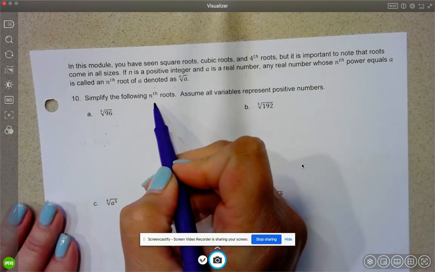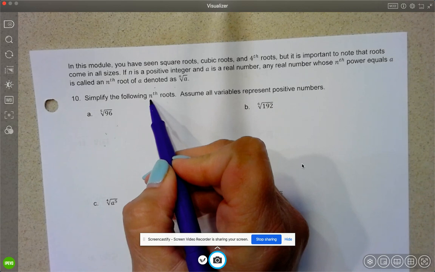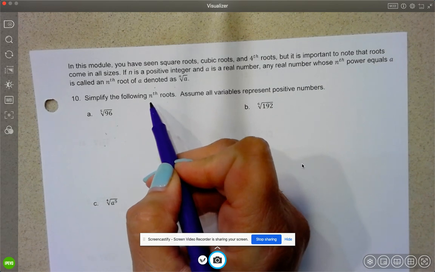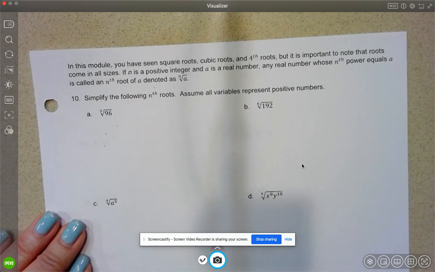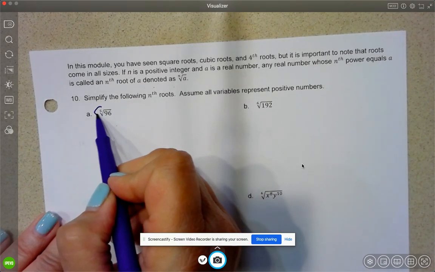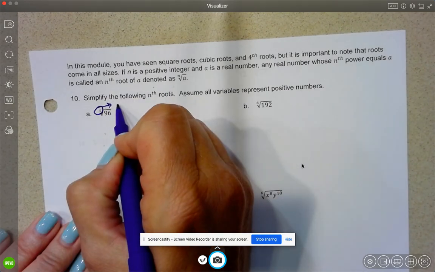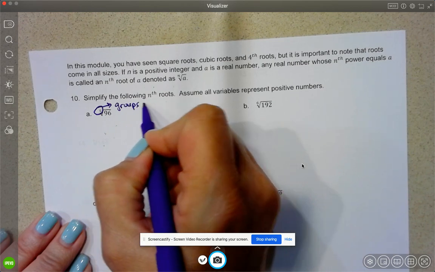So what they're saying here is, I'm going to just plug in numbers in this nth root. Maybe it's a fifth root, maybe it's a sixth root, maybe it's a cube root, maybe it's a fourth root. But whatever the nth root is, that's the size of the group that you're going to take out. So if I look at this index, 5, this just tells me that I need to take out groups of 5.